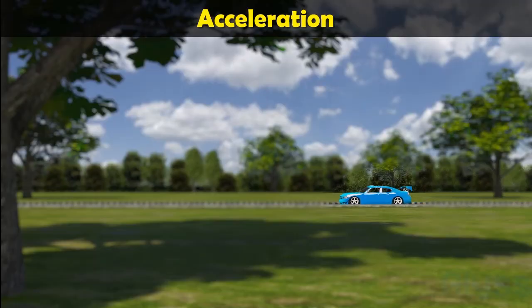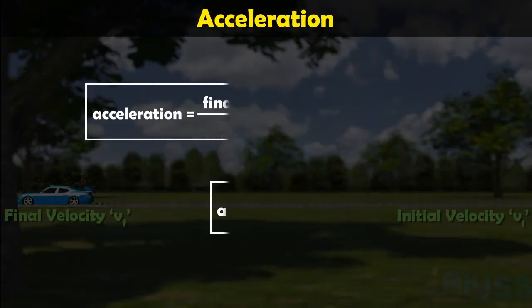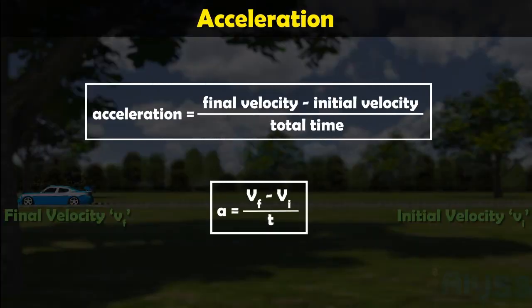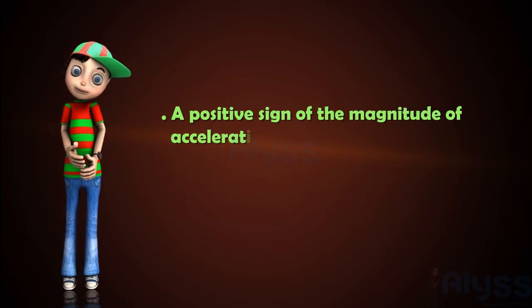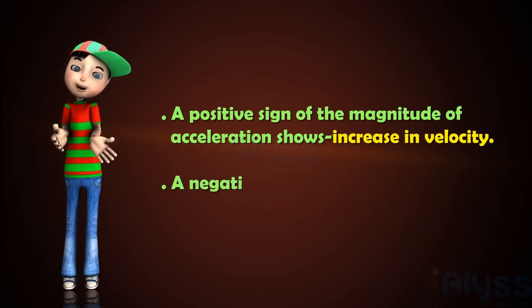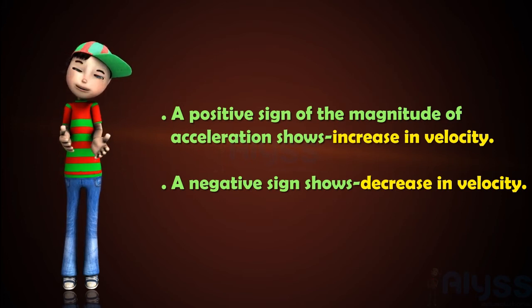If the object's final velocity in time t is vf and initial velocity is vi, then the acceleration of that object will be final velocity minus initial velocity upon total time taken. A positive sign of the magnitude of acceleration shows increase in velocity and a negative sign shows decrease in velocity. The decrease in velocity is also called retardation.